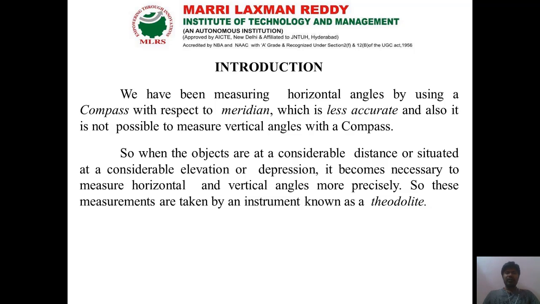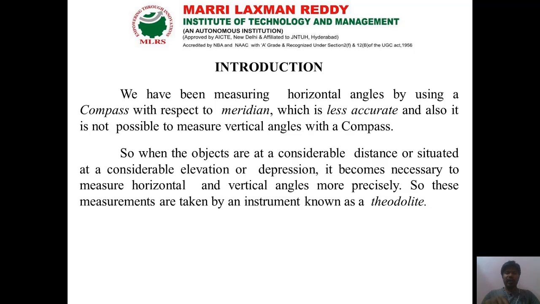In some cases, if we need the vertical angle, or if it is a magnetic field area, the compass won't give the exact reading. It won't give an accurate reading. During that time we can go with the theodolite.